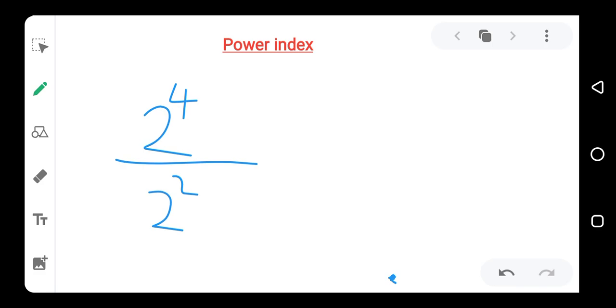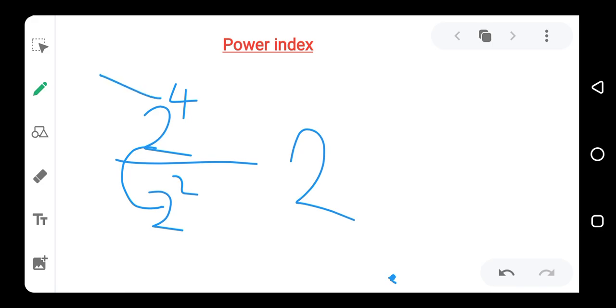We divide the bases. The bases are these two, and then the powers, we subtract them, so it becomes 2 raised to power the numerator minus the denominator, power of the numerator minus power of the denominator.